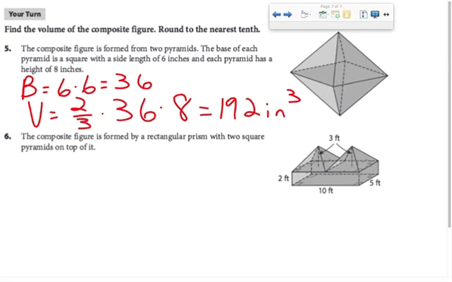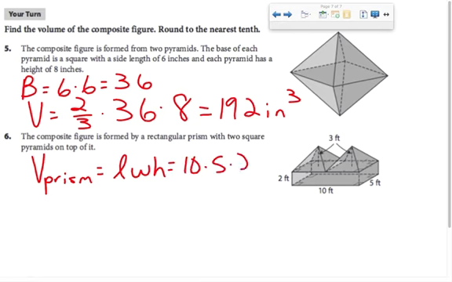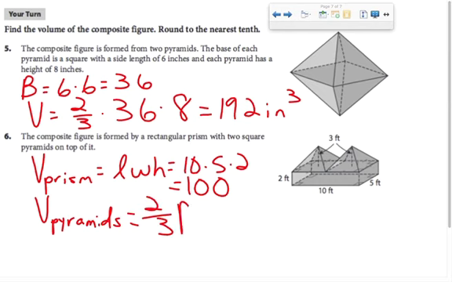Here we've got a rectangular prism with 2 square pyramids on top of it. So the volume of the prism is length times width times height. That's 10 times 5 times 2, which is 100. The two square pyramids are congruent, so the volume of the pyramids is going to be 2/3 base times height.